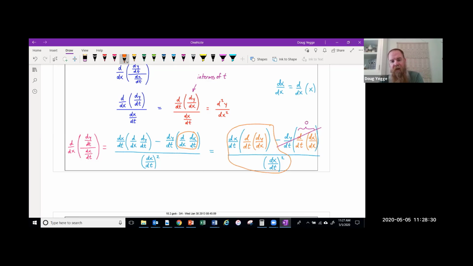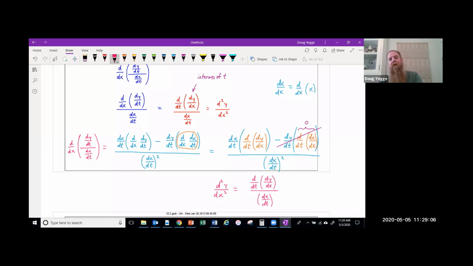And now notice that there's a dx/dt in top and bottom that can cancel, which now tells you that d2y/dx squared is simply going to be equal to the derivative of dy/dx with respect to t, divided by dx/dt.